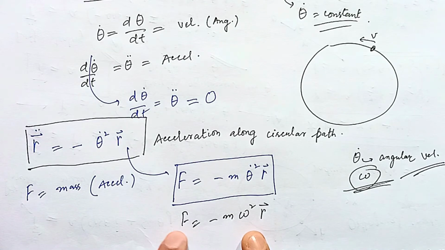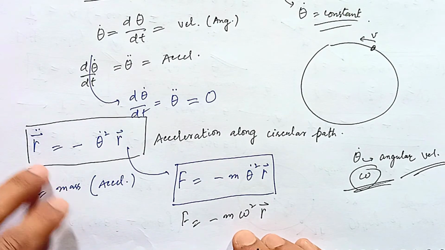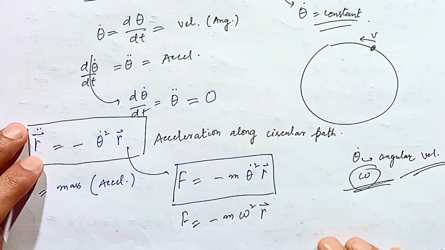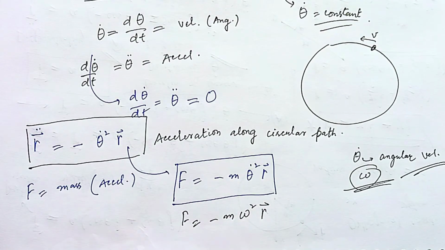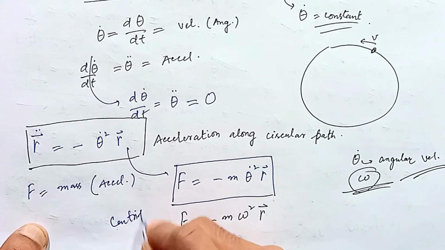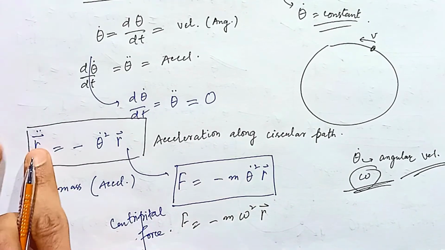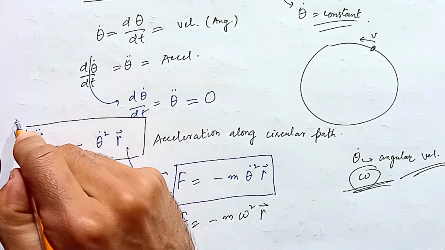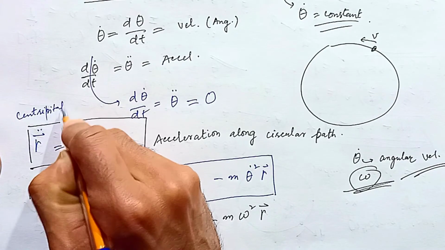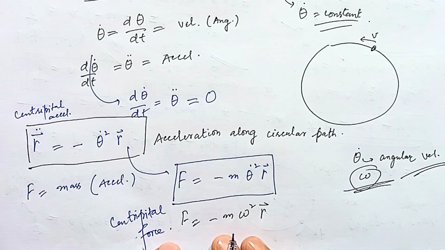This gives the force which produces the acceleration inside the body, even if it is moving with constant velocity. This force is called the centripetal force, and the acceleration which it produces is called centripetal acceleration, because this acceleration is caused by the centripetal force.